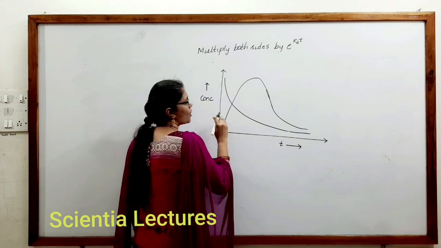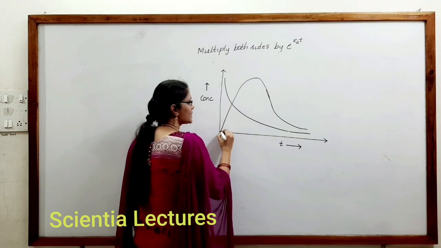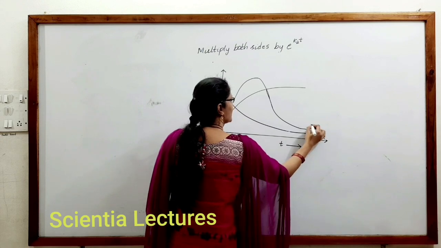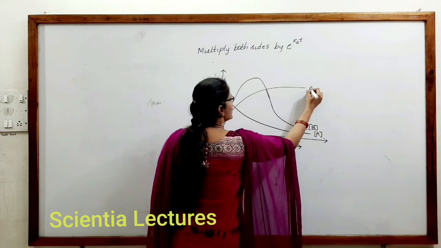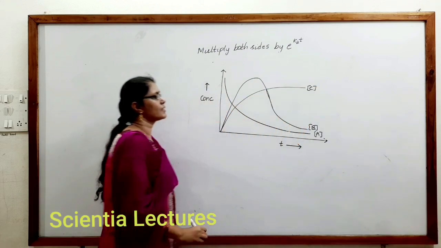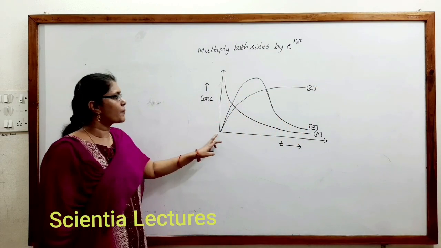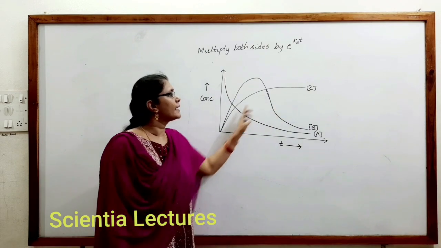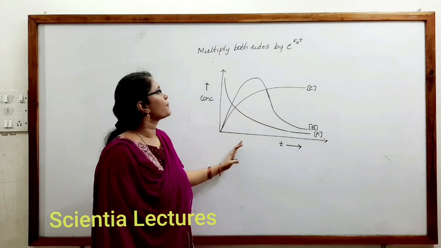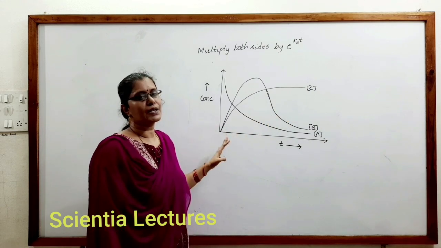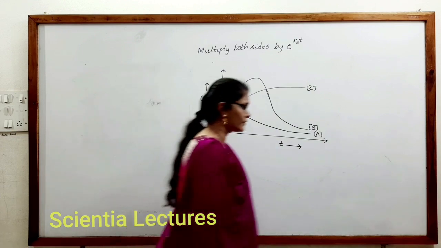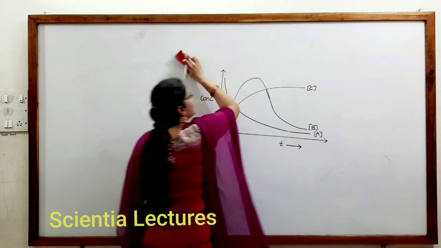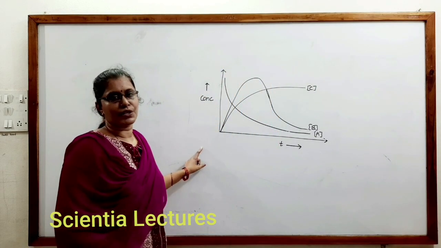Naturally it increases with time. This indicates the concentration of A, this indicates the concentration of B, and this indicates the concentration of C, how they change with time. As C is only produced from B, it gets increased with time. So this is the concentration versus time graph of the consecutive reaction.